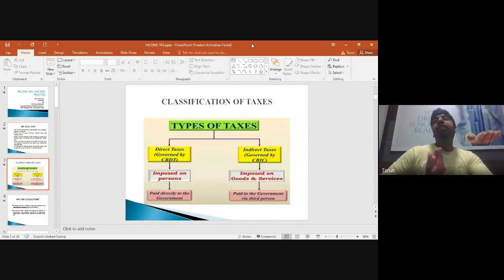Let's proceed to the further classification. The two types are direct taxes and indirect taxes. Direct taxes are governed by the Central Board of Direct Taxes. Now the question arises, what is the Central Board of Direct Taxes? It is a part of the revenue department governed under the Ministry of Finance.